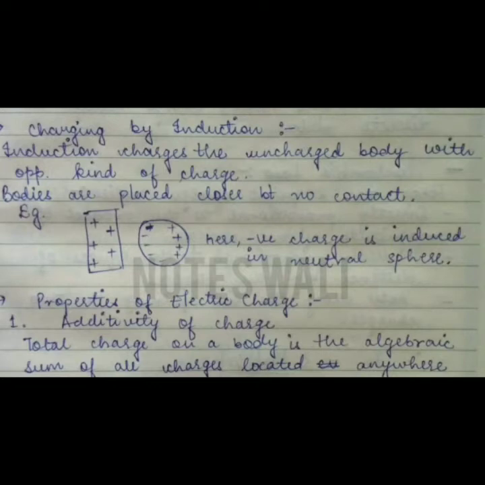If the charge on the opposite side is negative, then the electrons will flow to the ground, and if the charge on this side is positive, the electrons from the ground will be pulled to the neutral body. Then we remove the earth wire and the charged body, and in this way we get the charged body by induction.